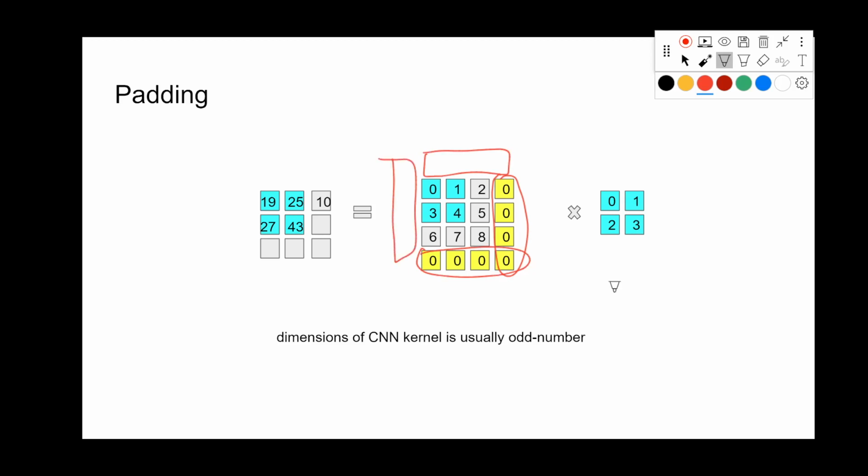It means that we break the symmetry, because we pad on one side and don't pad on the other side. Typically, we want to keep the symmetry here. So typically we will not use a 2 by 2 kernel. For most cases, we use 3 by 3, 5 by 5 or 7 by 7, kernels with an odd number as the size.